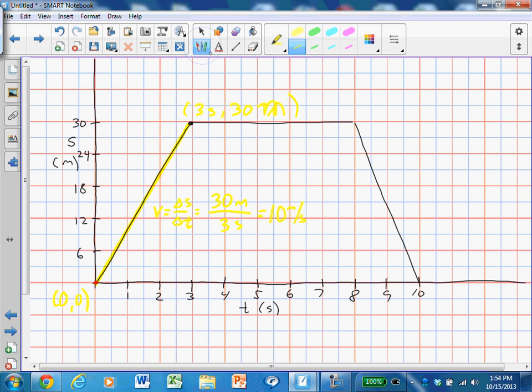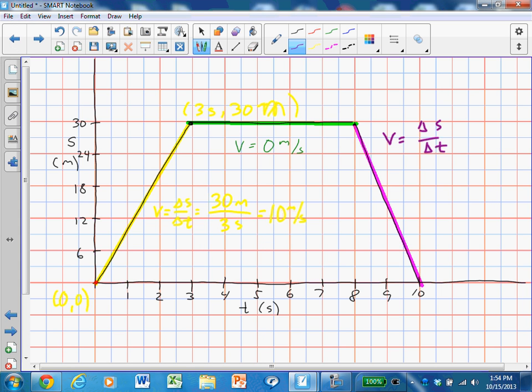Now this next one here, well there we have no slope. So v there is just 0 meters per second. And then the next one here, this one, we'll have v is delta s over delta t.